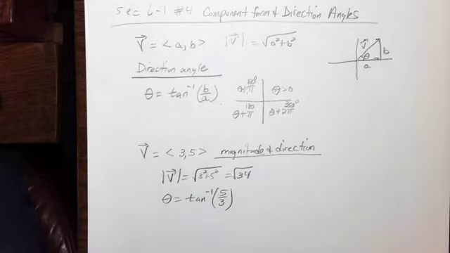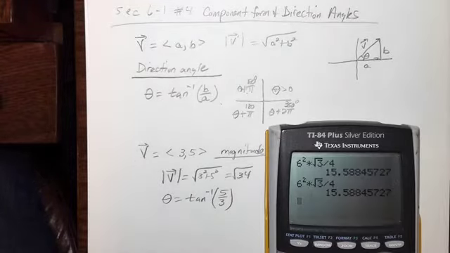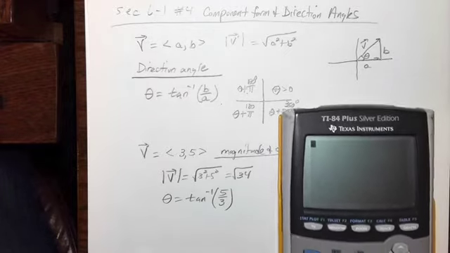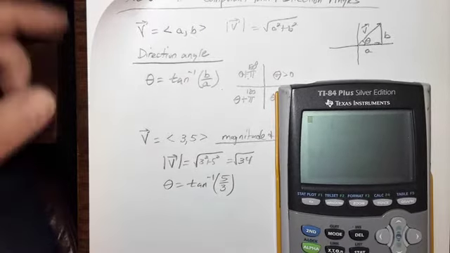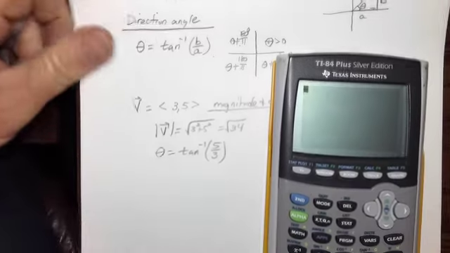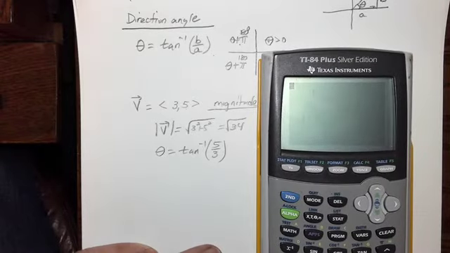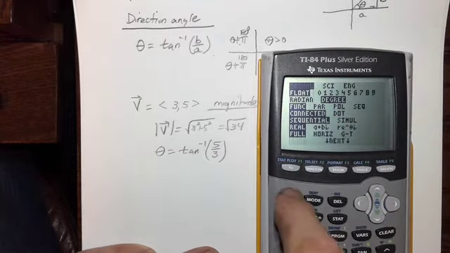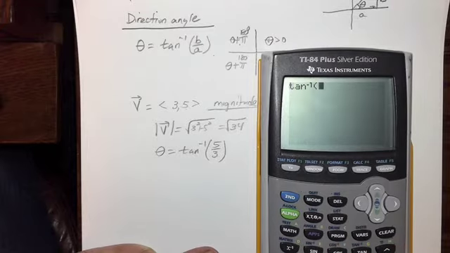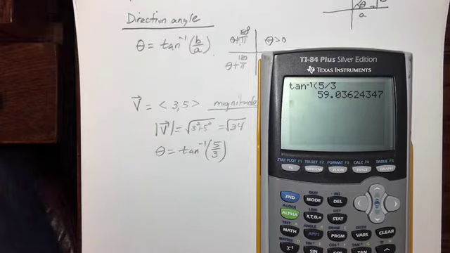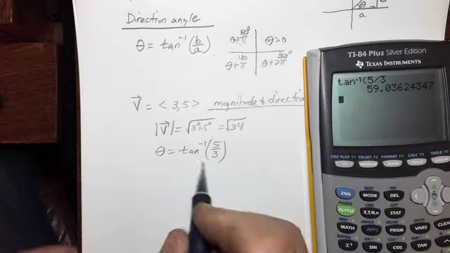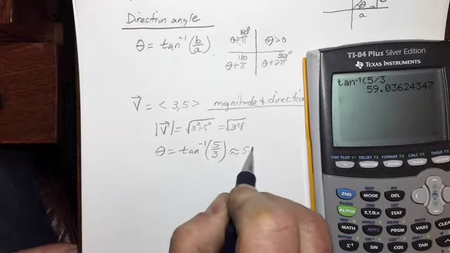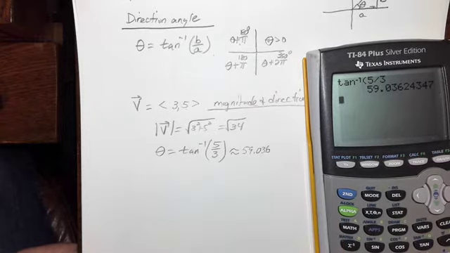I go ahead and get my calculator. I'm going to go second tangent. Again, let's make sure I'm in degrees. You want to make sure your calculator's in that mode first. Inverse tangent of 5 divided by 3. And that gives me 59.036, right?